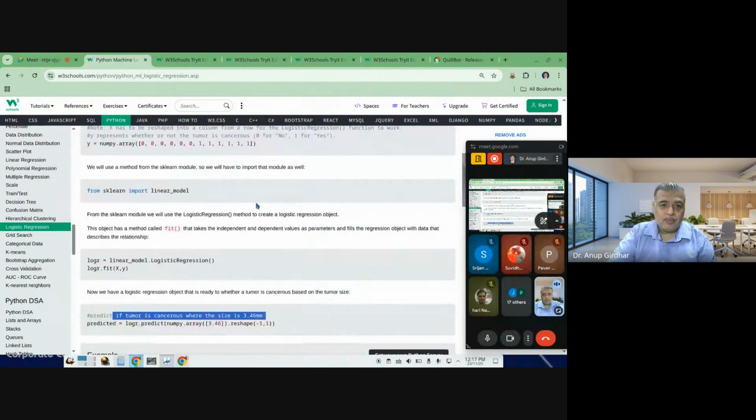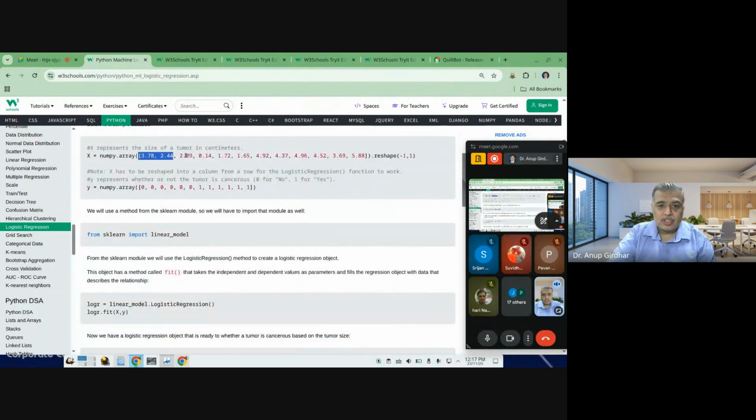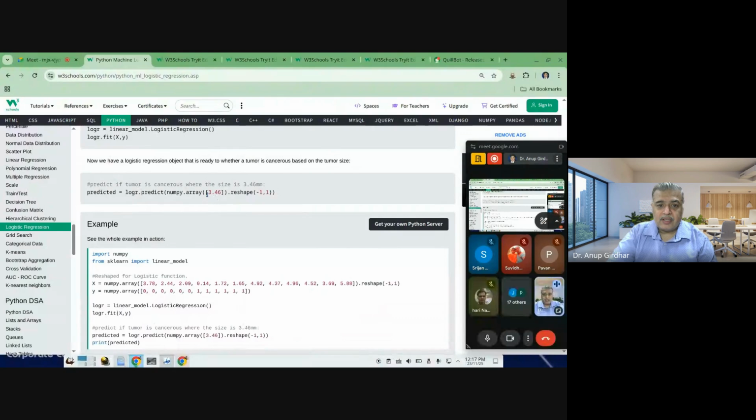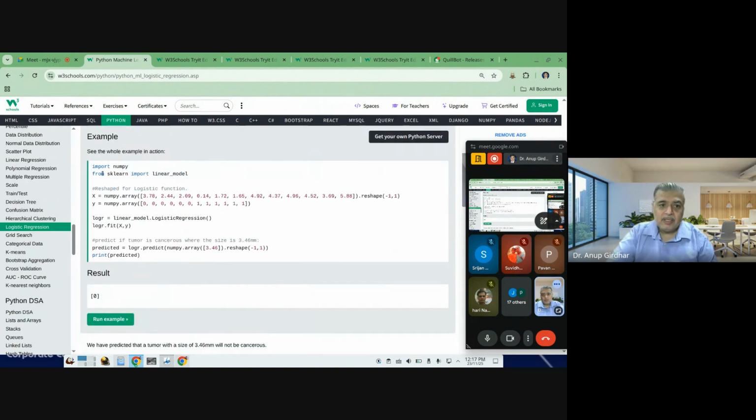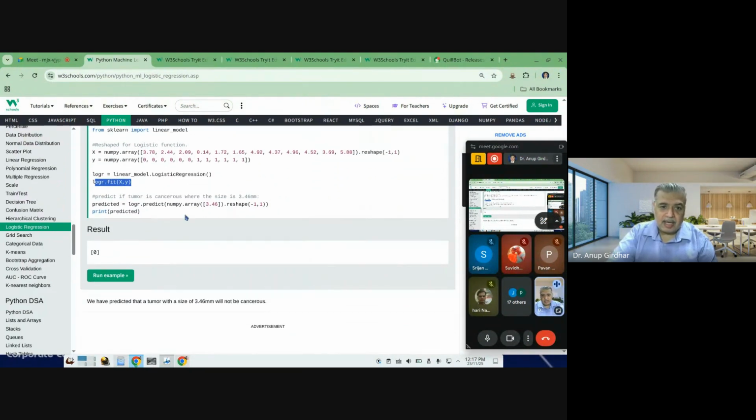Now 3.46 is not in the data, so we have a new size, and we first need to reshape it, because that is what gets predicted. So what is the best practice? Load your data, create a logistic regression model, fit your data into it, and now we want to predict.